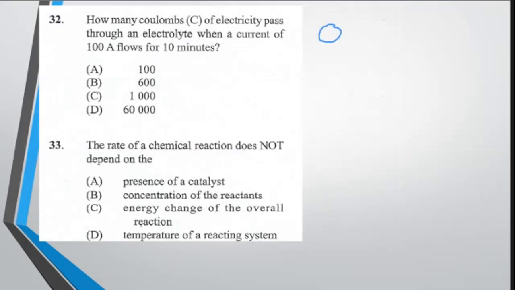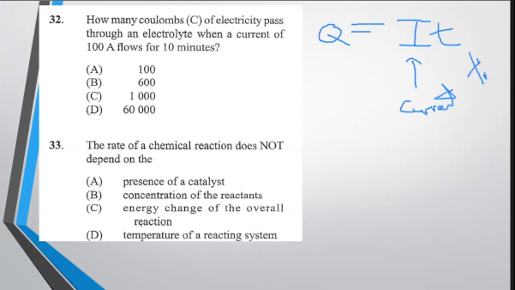When you want to calculate charge, Q is equal to IT, where I is the current in amperes and T is your time in seconds. We have 10 minutes, so we first need to convert minutes to seconds, and we have 100 amperes.